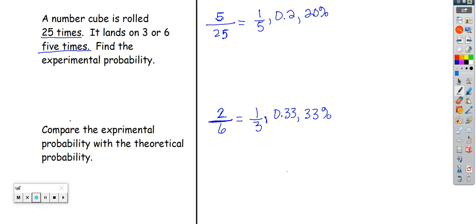Then it also says compare. Okay, so I found my experimental, I found my theoretical. Compare means say what the difference is.